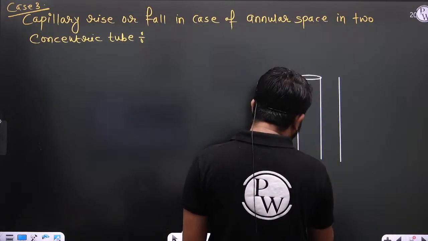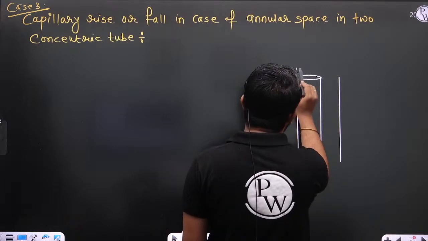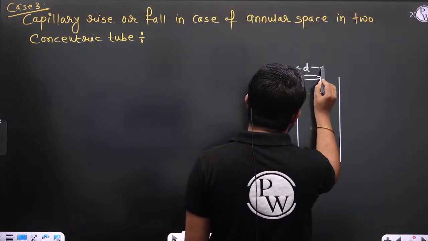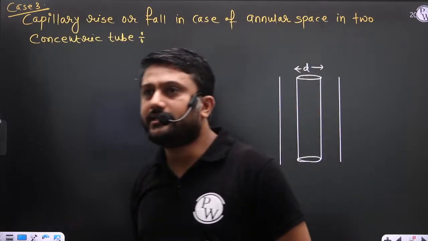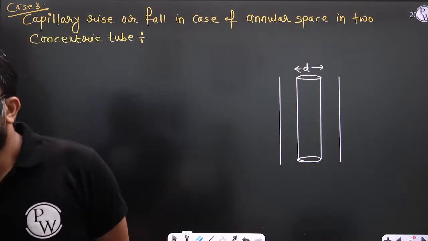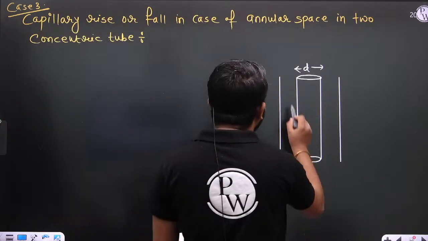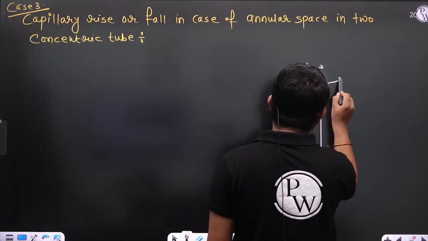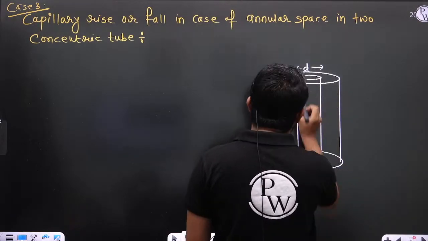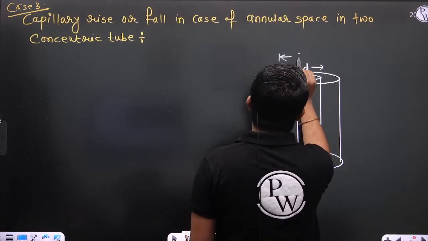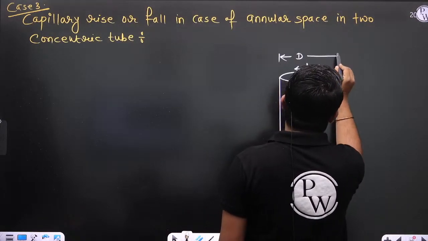Let us consider that the inner tube diameter is small d, and the outer tube diameter is capital D.